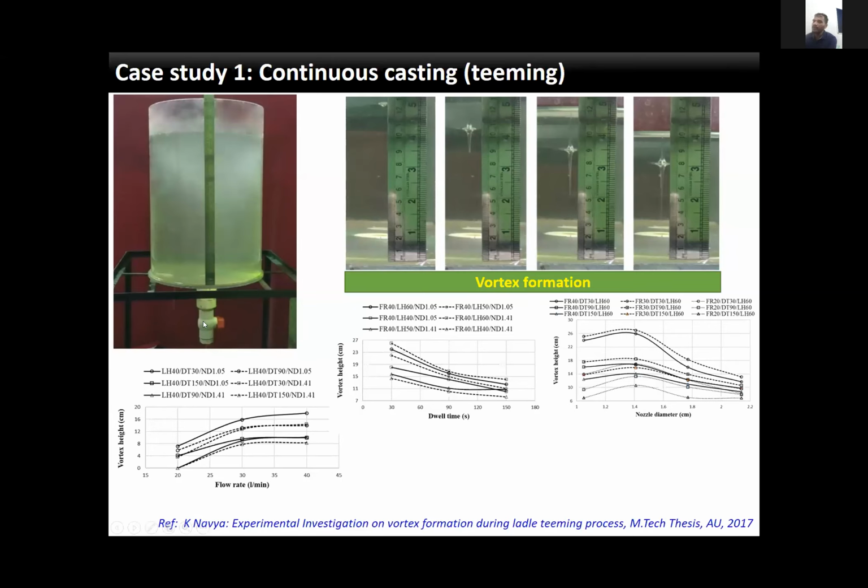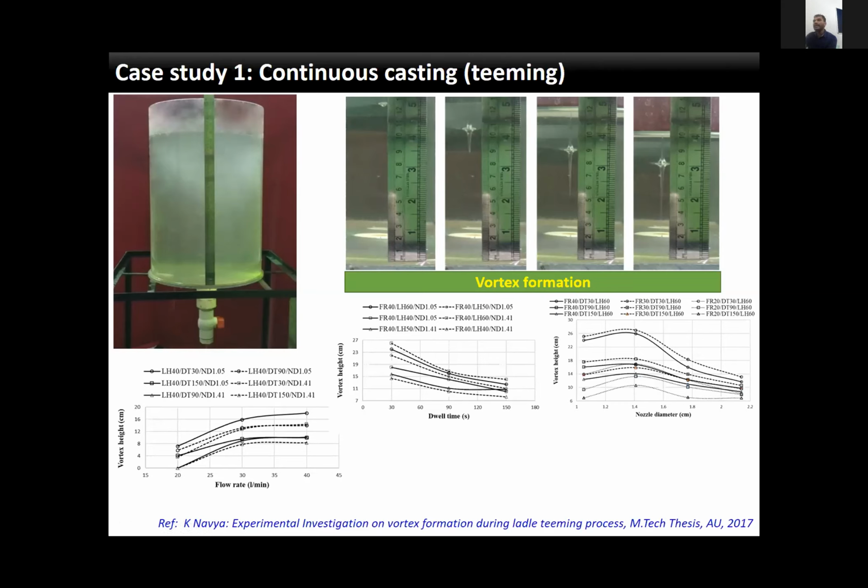So how do we optimize? We select those diameters for the model study or simulation study, as I have already explained, by maintaining the Froude number, the ratio of inertial force to gravitational force, where the velocity of the water and the velocity in the industry are taken into account.